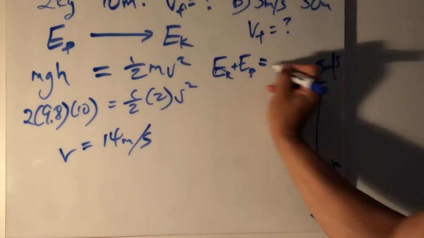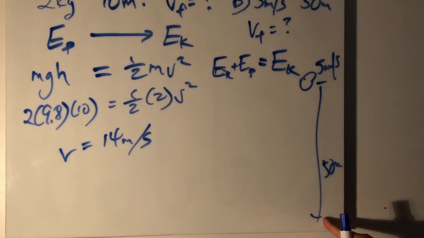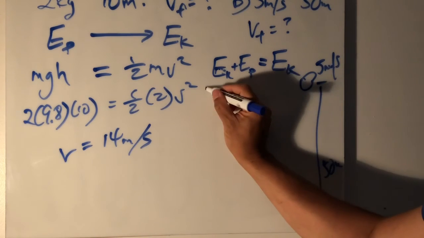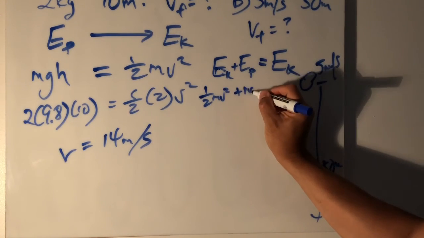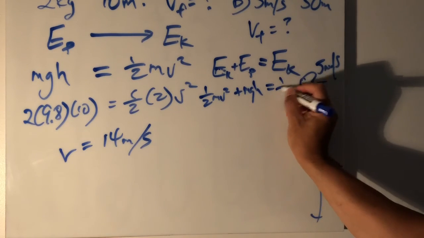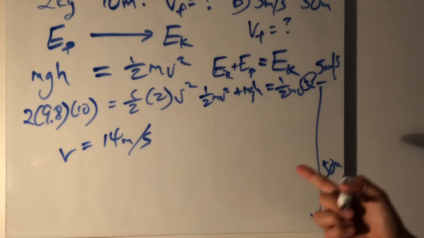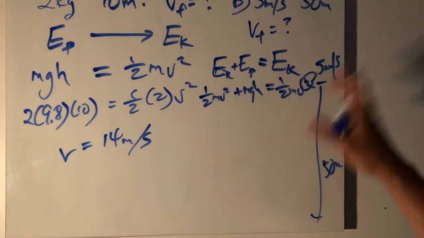And we also know that this will equal the energy at the very end when it's about to hit the ground. So kinetic energy at that point is 1/2 mv squared plus mgh. And at the end, it's just 1/2 mv squared. Do we know the mass? No, we don't know the mass. However, that's the only unknown we have. So if we only have one unknown, we can leave it as is.